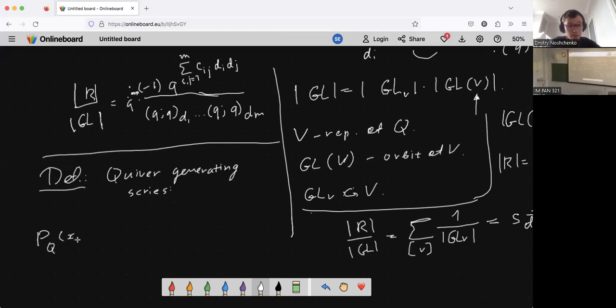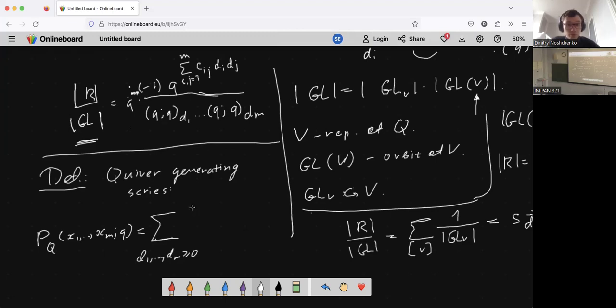It depends on some number of generating parameters x_1 up to x_m, also q, and now we insert this expression that we have here, but we want to sum it over all dimension vectors d_1 to d_m.